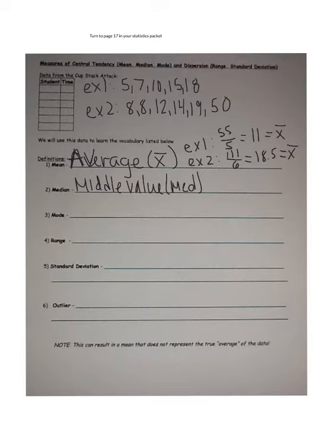So you're going to look at your values. We're going to look at example 1, and we're going to look for the middle number. There's 5 values. So if we cross them off one by one, each way, the middle number for the first example would be 10.